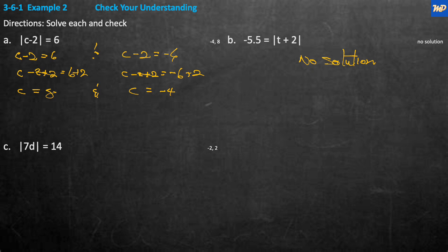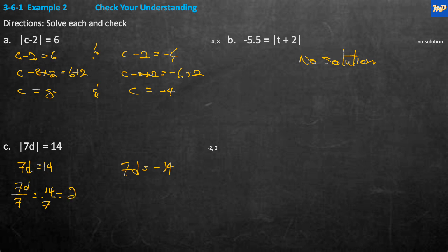So let's do C. We have 7d is equal to 14. And the other one is 7d equal to negative 14. And when we do this, what do we get? We're going to divide both sides by 7. So 7d divided by 7 is equal to 14 divided by 7, and that equals 2.